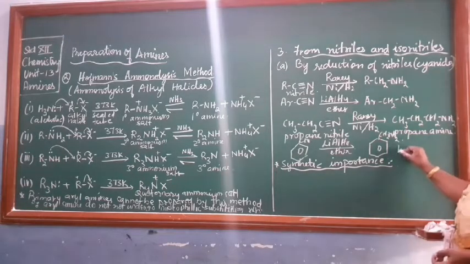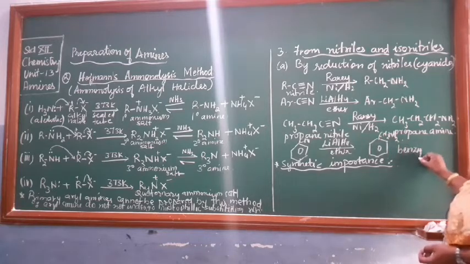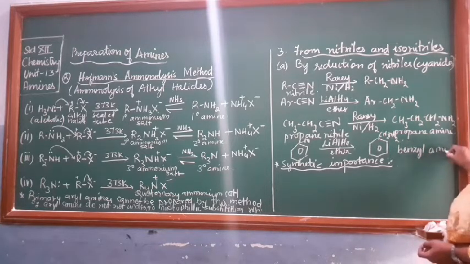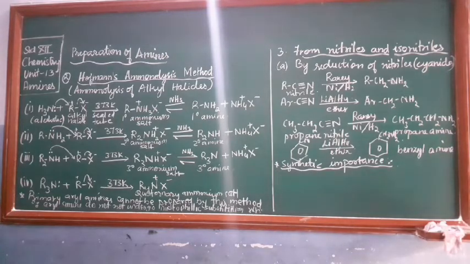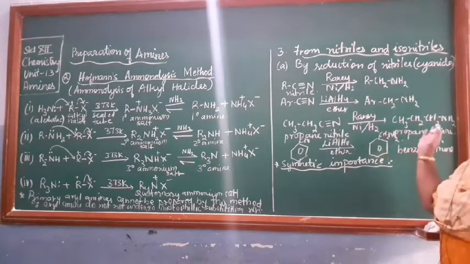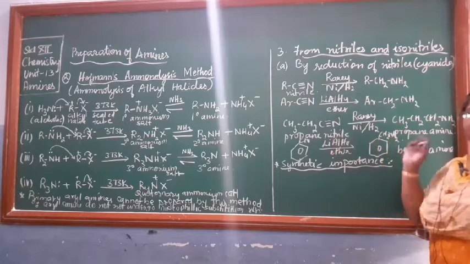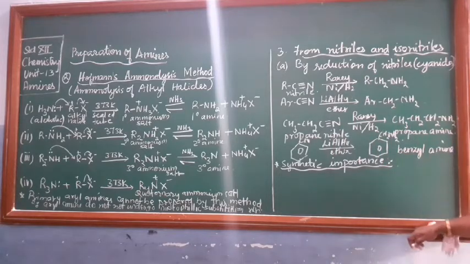So this is benzyl amine. What is the name? Benzyl amine. Followed? So benzyl amine you will get here, and we started here with propane nitrile, so you will get here propane amine.